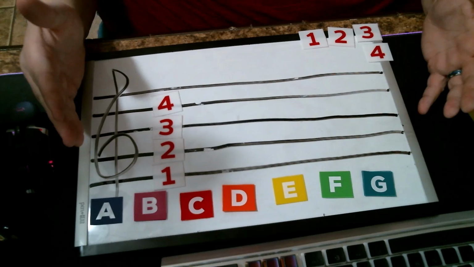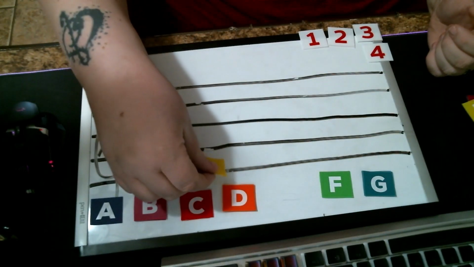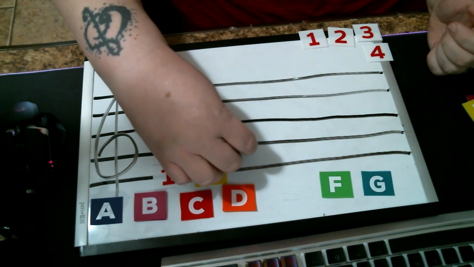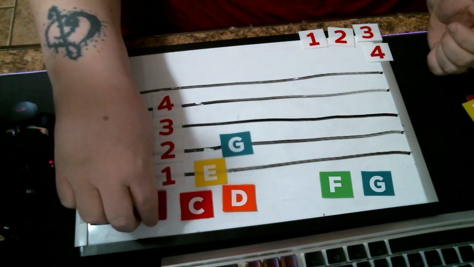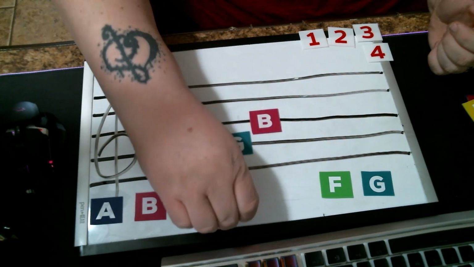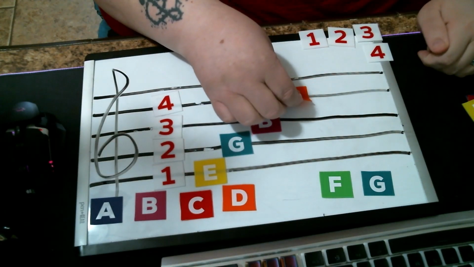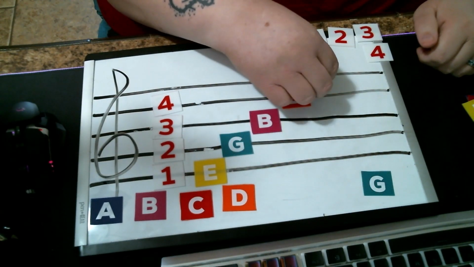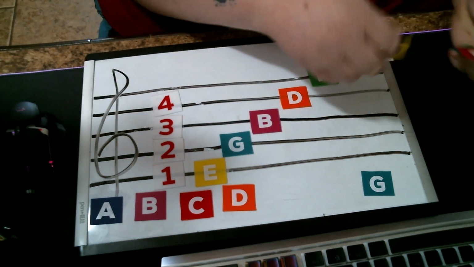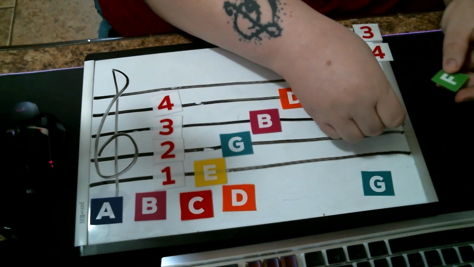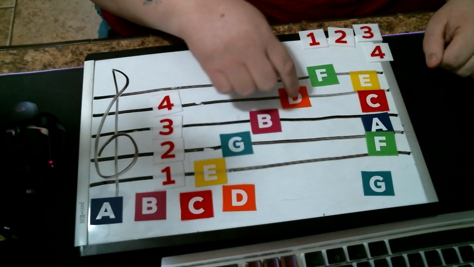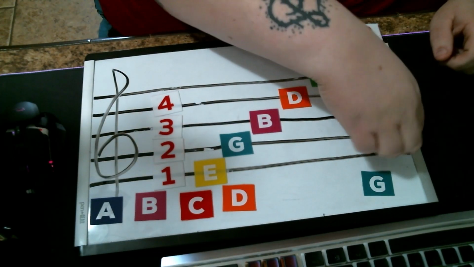If we start from the bottom, we have E. Our second line is G. Our third line is B. Our fourth line is D. And our top line is F. Now, unlike our spaces, where we have F-A-C-E, a word for our spaces, this one, E-G-B-D-F, doesn't really spell much of anything.